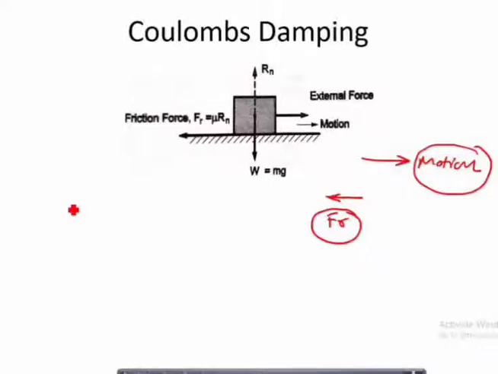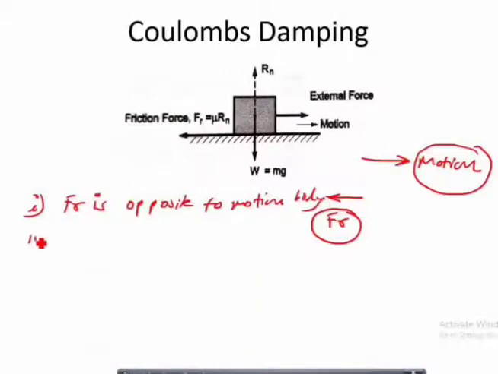Now this is the first point, that Fr is opposite to the motion of the body, right? The second point is that the frictional force is constant in magnitude and acts as a damping force.